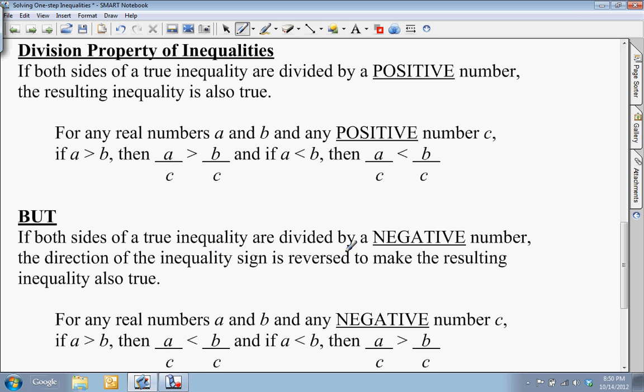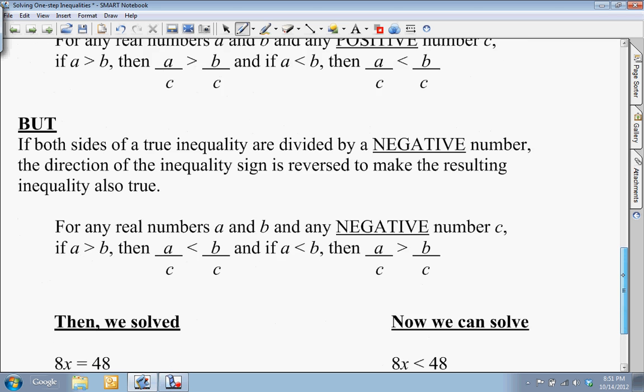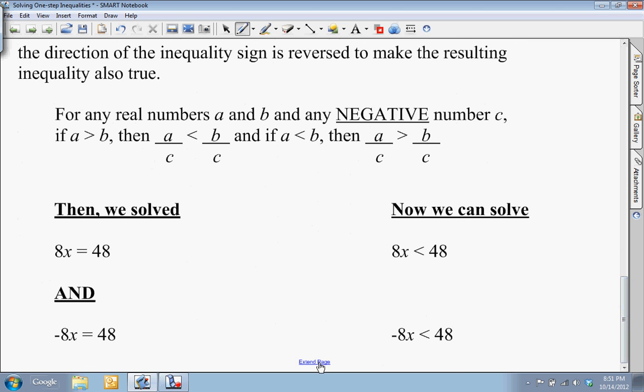However, if both sides of an inequality are divided by a negative number, the direction of the inequality sign is reversed. So here, as you can see, if a is greater than b and c is negative, look what happens to the inequality. Same if a is less than b, we would change it to a greater than inequality.